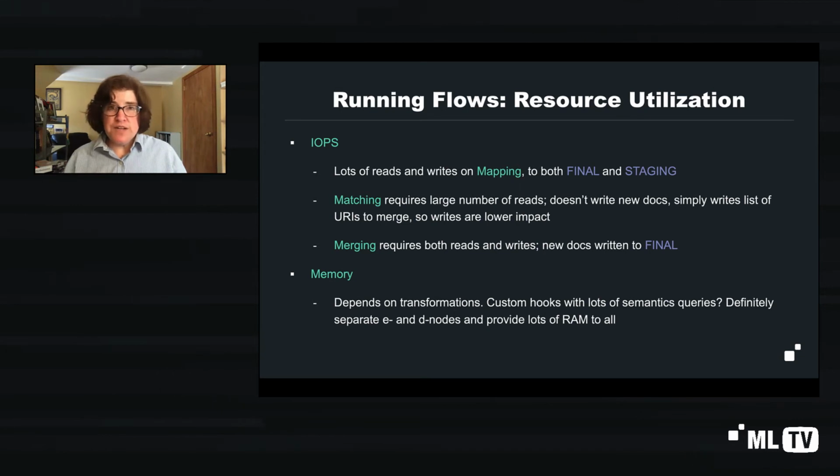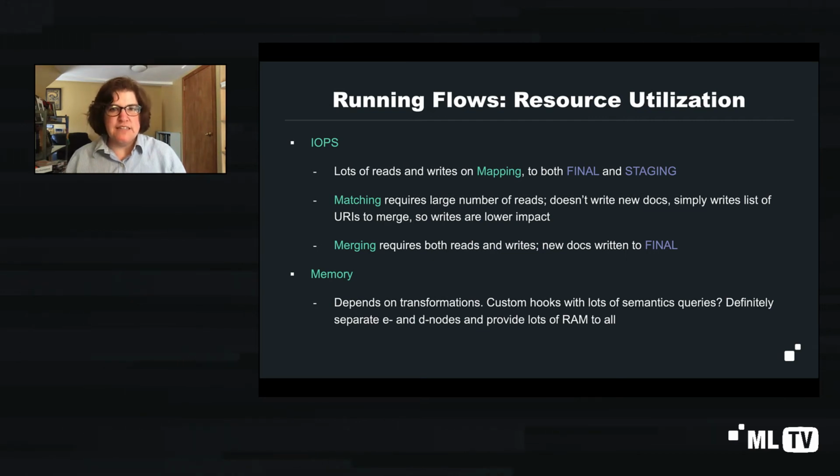All right, now I want to talk about the system utilization resources that are used when we're running these different steps. So what happens with our IOPS? We're doing, in the mapping step, a lot of reads and writes, both to the final database and to the staging database. You are reading from staging, writing to final. Matching requires a large number of reads as well. It doesn't write new documents, though.